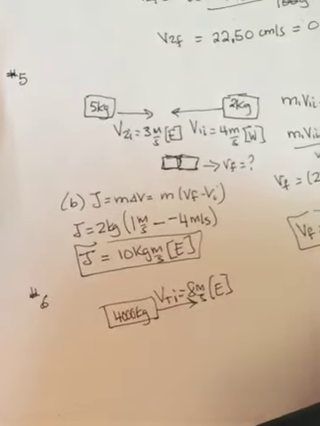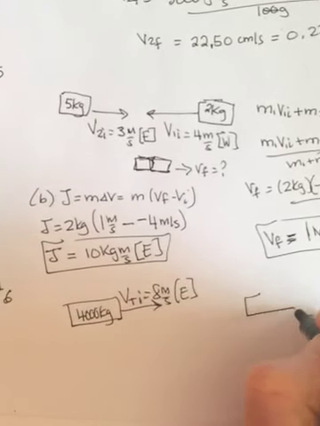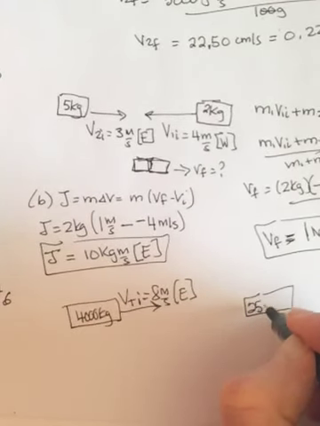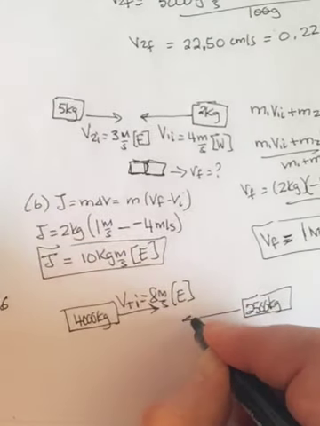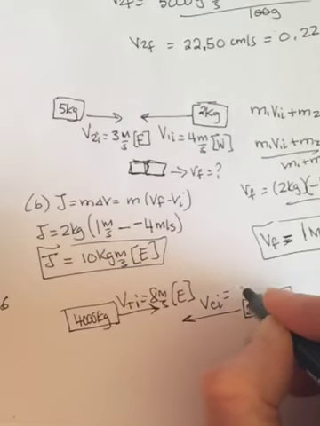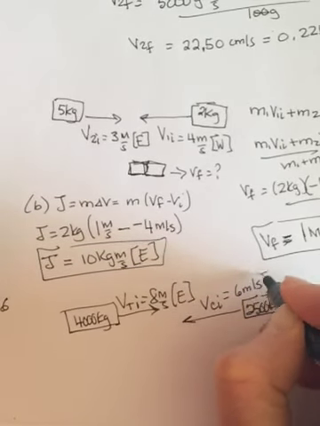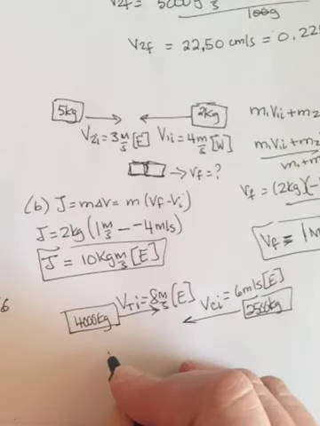I could call it 1, I just thought I'd put a T there. When it hits a 2,500 kilogram car traveling west, so V of the car initial is 6 meters per second west. They lock bumpers, find the common velocity.